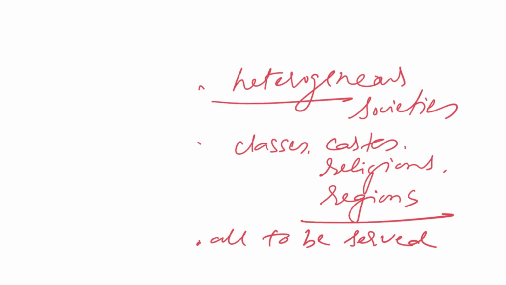In a heterogeneous society, if all are to be served, then Cooper argues there can be no one way.